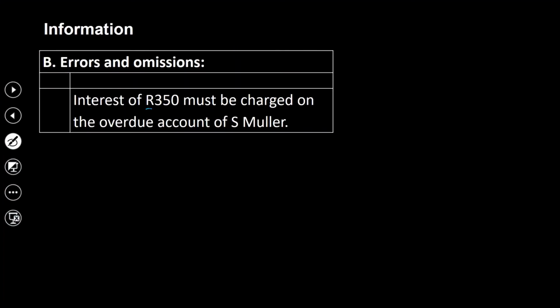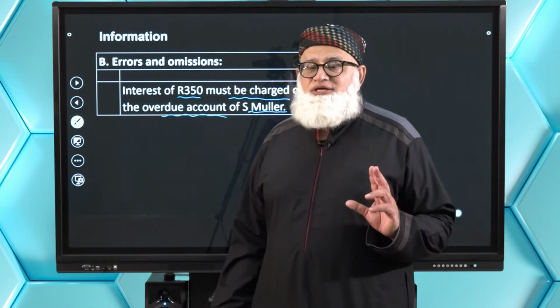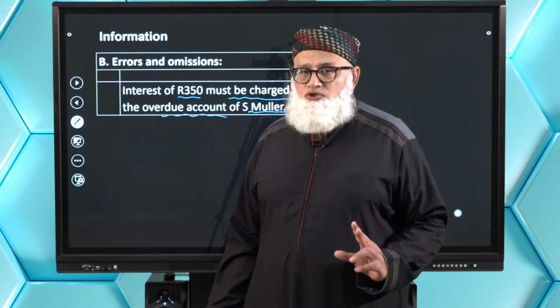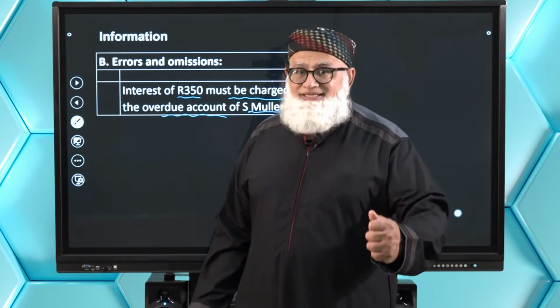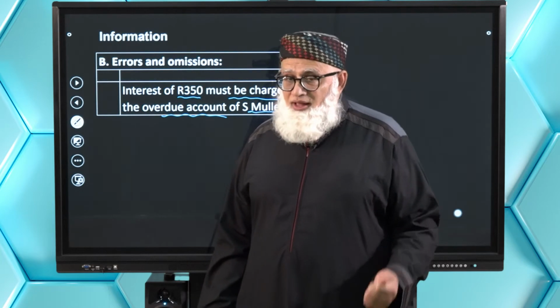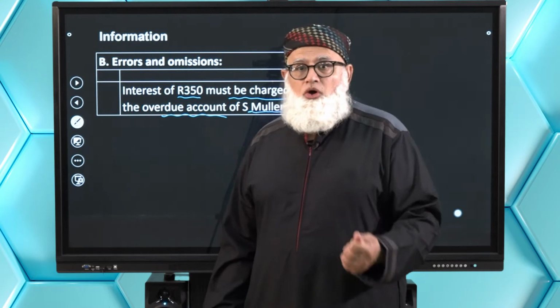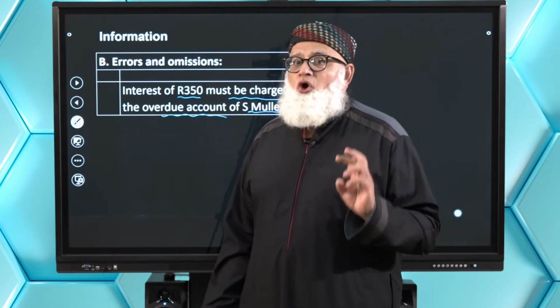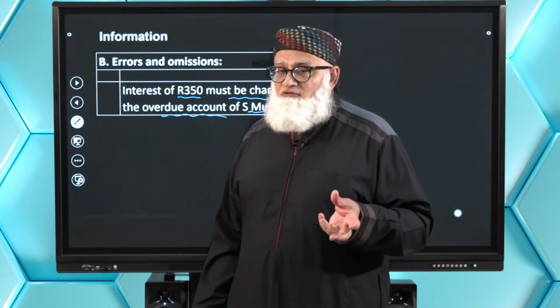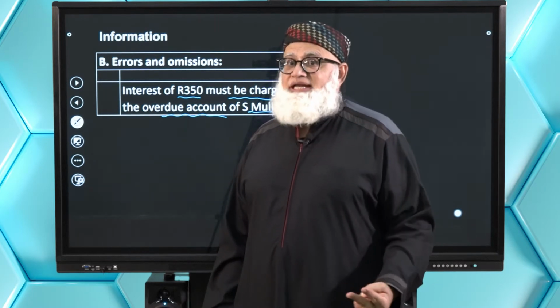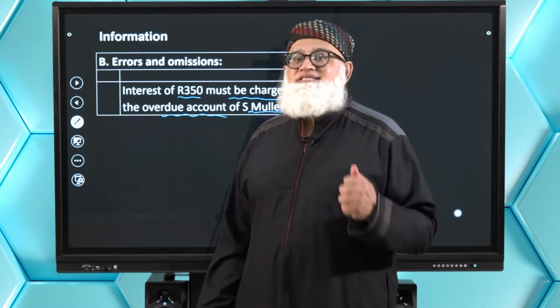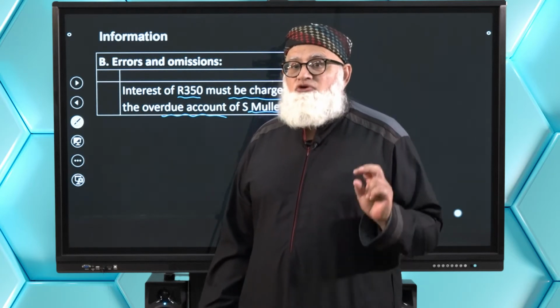Interest of 350 Rand must be charged on the overdue account of S. Miller. Right. Now, if we are charging the debtor interest on the overdue account, obviously you are debiting debtors control and crediting interest income, and also because it's a debtor involved, remember that's your general ledger entry, you also make a single entry in the account of S. Miller.